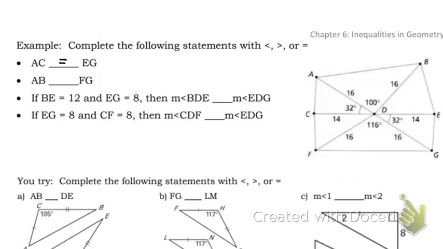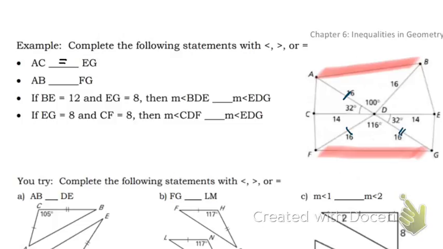My next one is AB and FG. AB, let me highlight it, is across here. FG is the one across here. I need two sides that are congruent. Is it like the 16s? Yep, it is going to be those 16s. So we're talking about these triangles basically. This 16 is congruent with this 16.